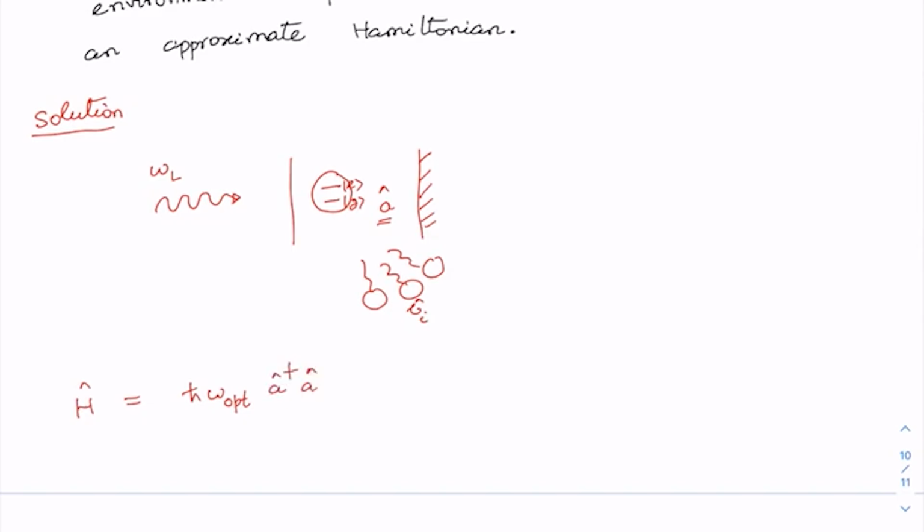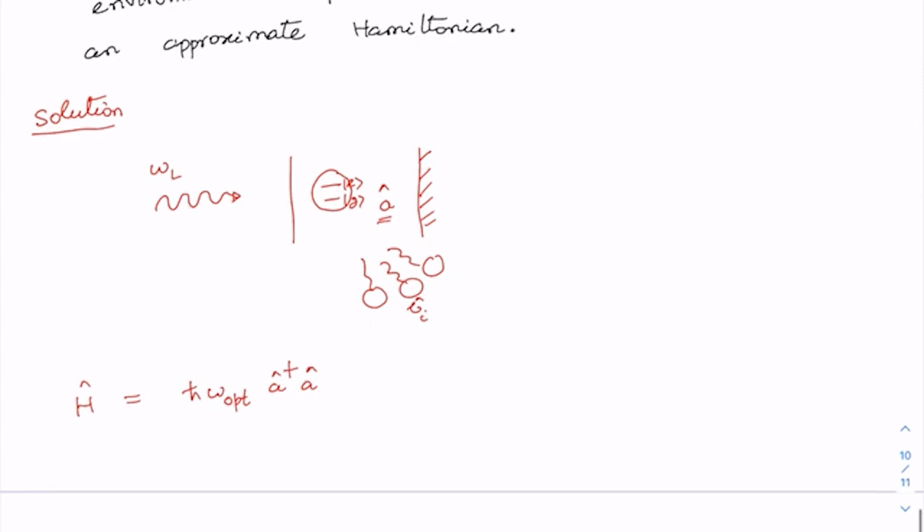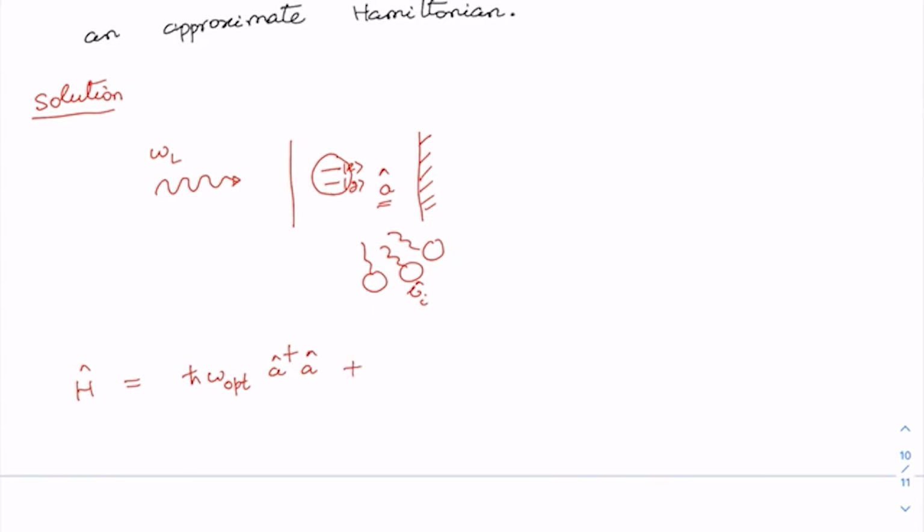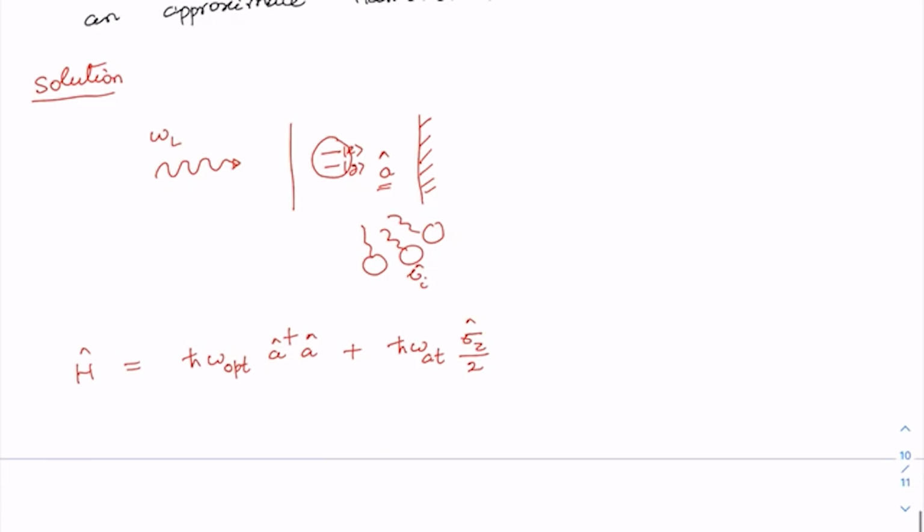This is the first part of the Hamiltonian, referring to the energy of the optical mode. Then the atom, we can model it as a two-level atom, as we have already seen. So this is h cross omega atom sigma z by 2. This is the atom part of the Hamiltonian.